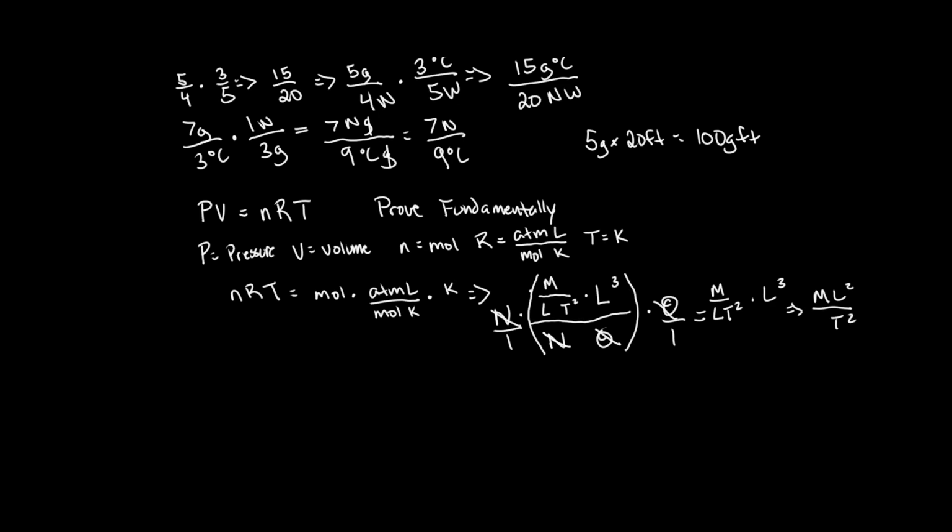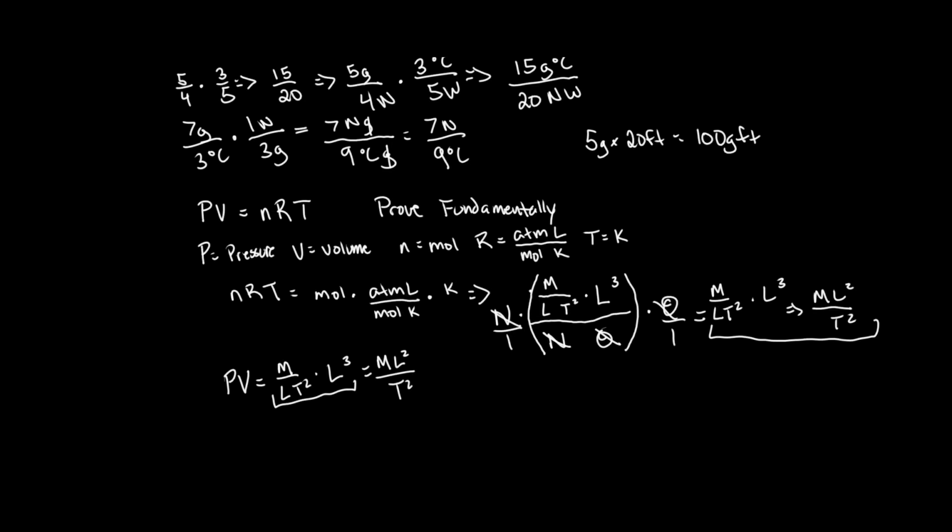Now, let's look at PV. Well, we know that pressure is, again, mass over length time squared, and V is a volume, length cubed. This looks very familiar to what we have right here. So if we work this out, we come to mass length squared over time squared.